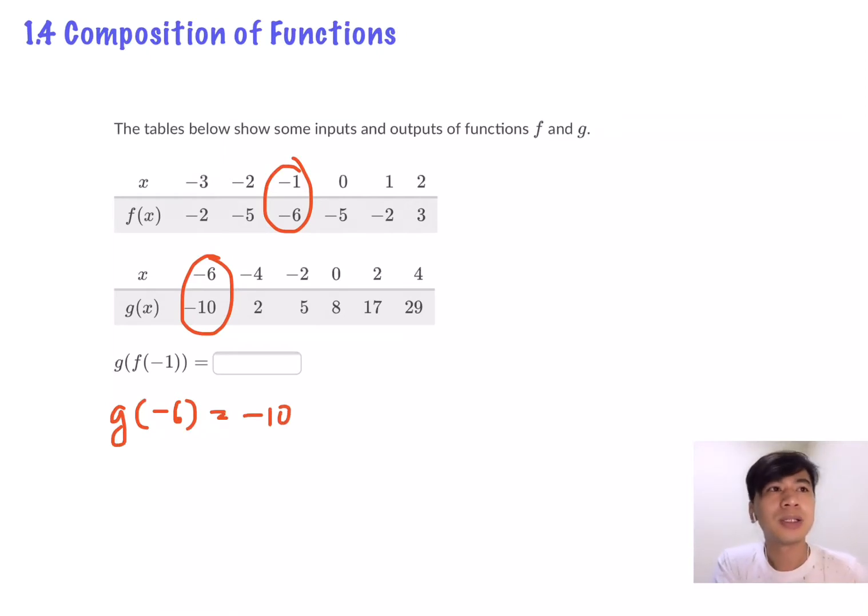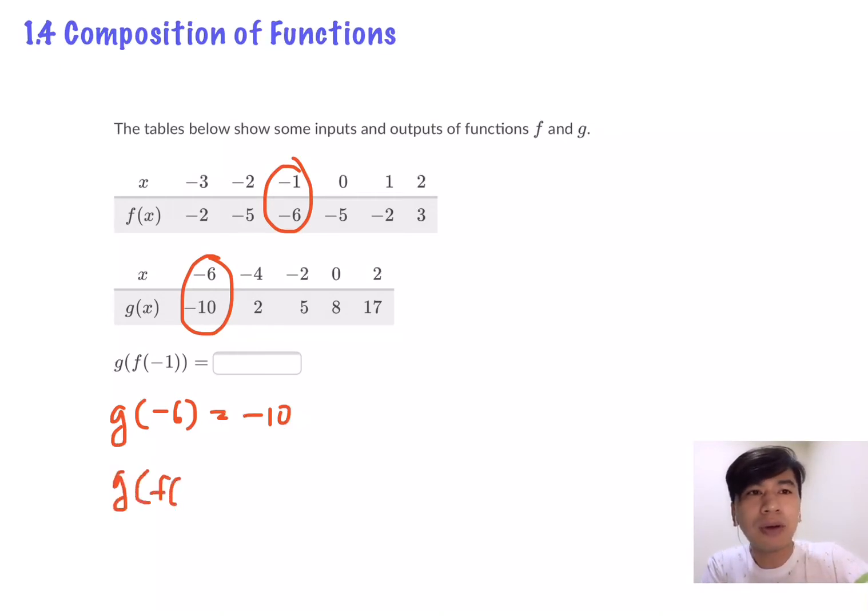Okay, so let's move to the next one. Before we had 4 and 29, but I just erased that a second ago. If you have g of f of 2, and these are new questions, then you already know that f of 2 will be g of 3.